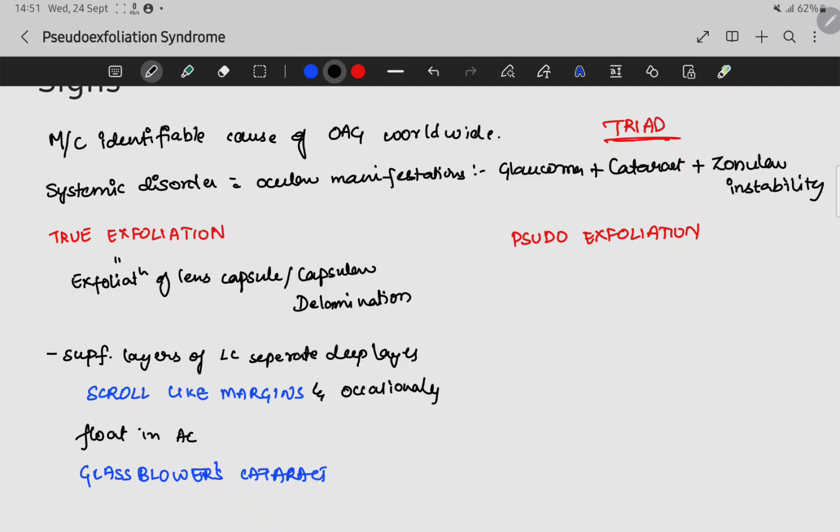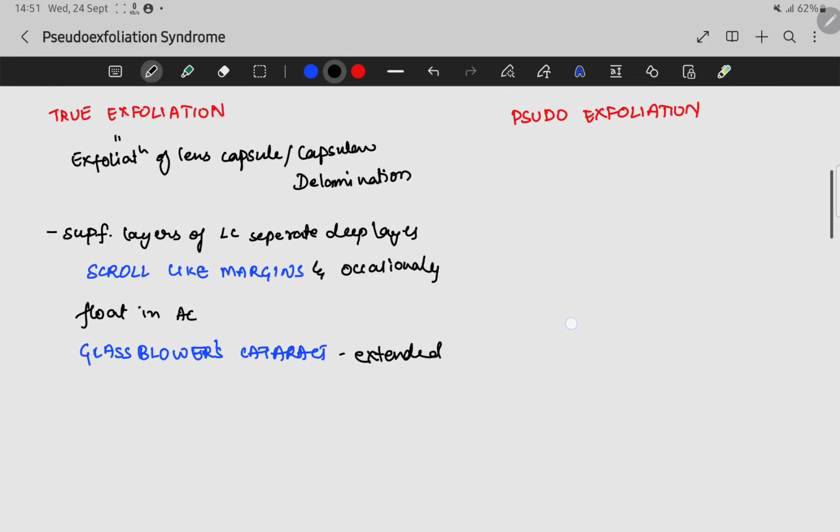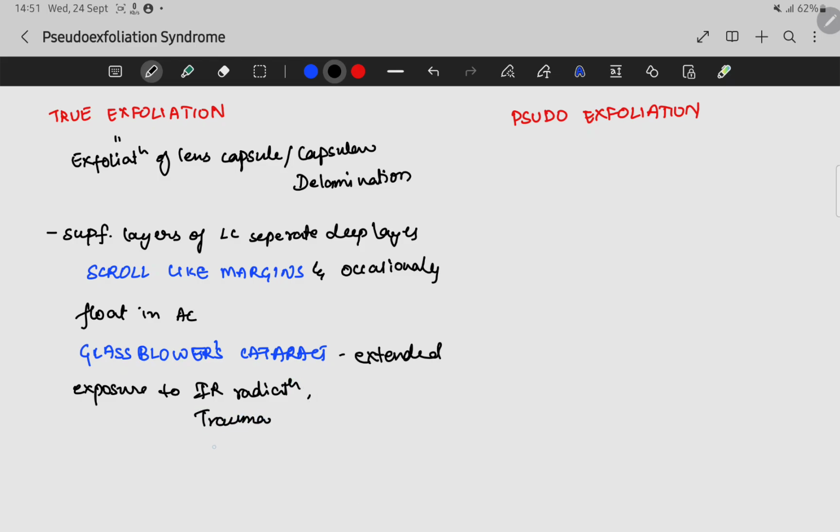So here there is extended exposure to infrared radiation. It is also seen after trauma or intraocular inflammation, and idiopathic.